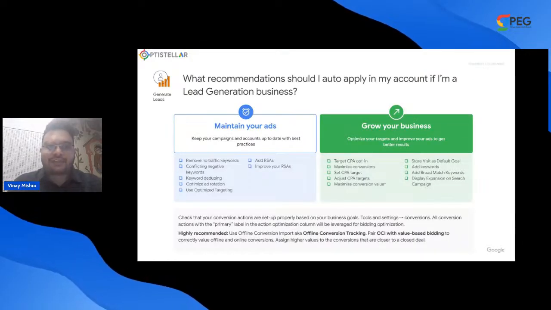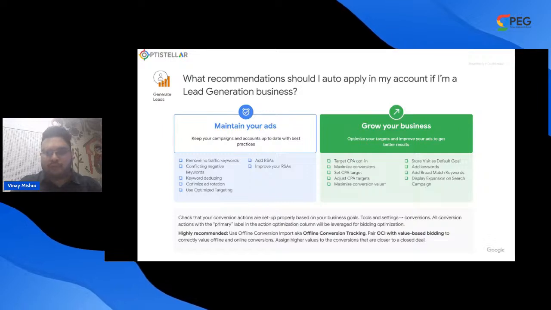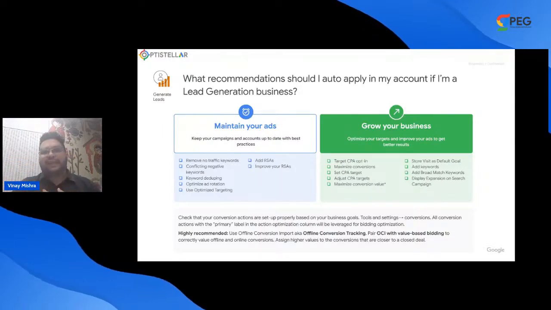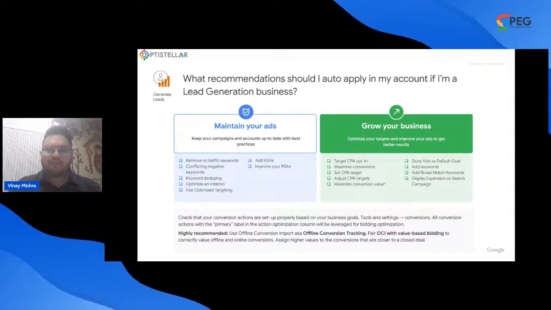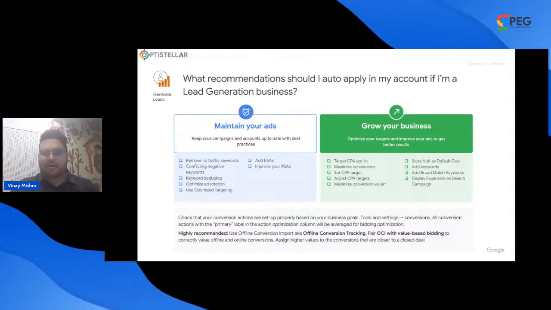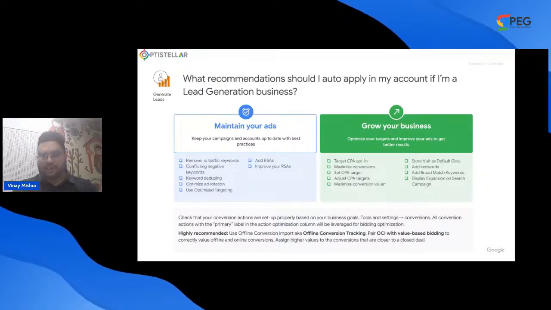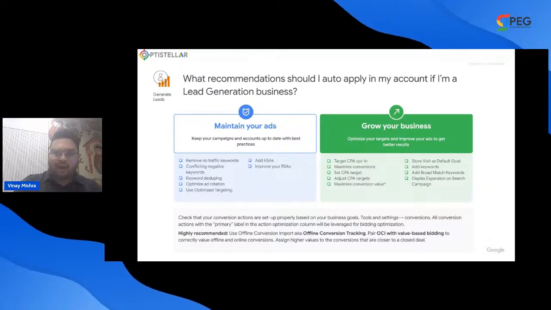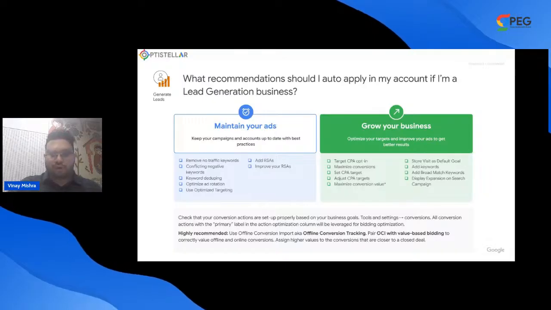With that, let's talk about what recommendations you should be having if you are focused on lead generation for your business, right? When you focus on lead generation here, there are higher chances that every lead generated in your account might or might not bring different values to your business.